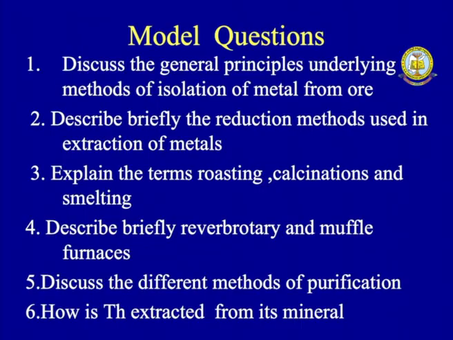Discuss the general principles underlying the methods of isolation of metal from ore. Describe briefly the reduction methods used in the extraction of metals. Explain the terms roasting, calcination, and smelting. Describe briefly reverberatory and muffle furnaces. Discuss the different methods of purification. How is thorium extracted from its minerals?